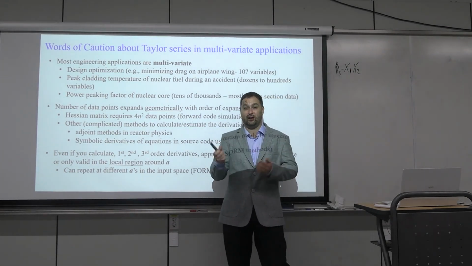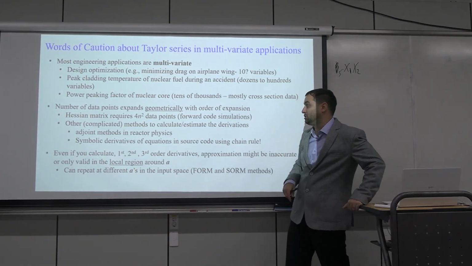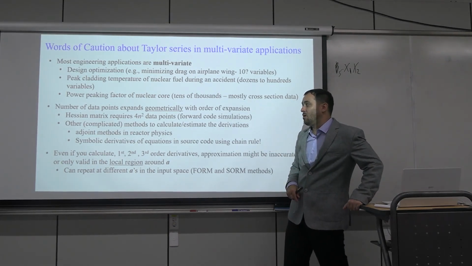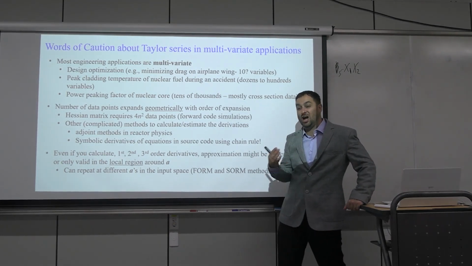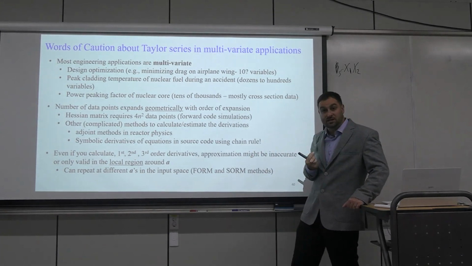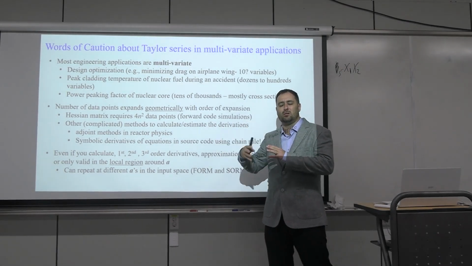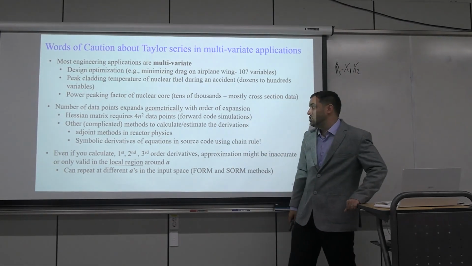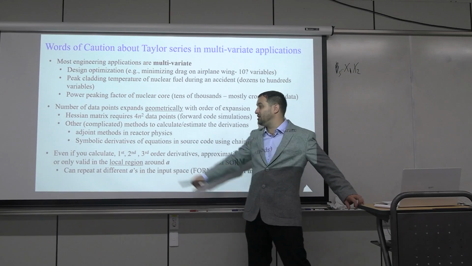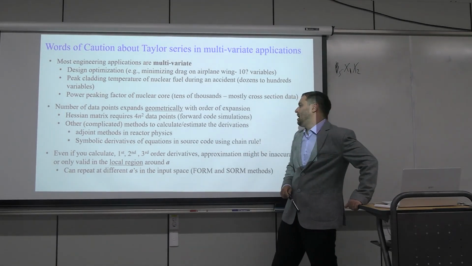You would need 40,000 forward computer code calculations just to calculate the Hessian matrix. And there are other, usually complicated, methods to estimate derivatives if you're using a computer model or computer simulations. For example, there are adjoint methods in reactor physics, but they require solving the adjoint equations.